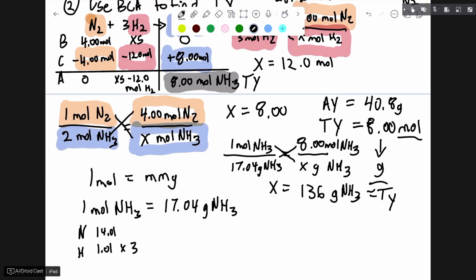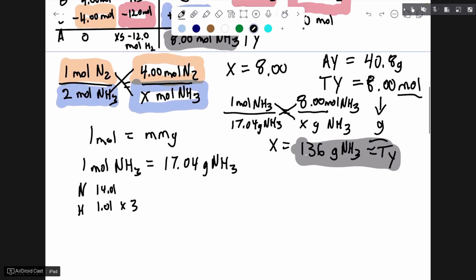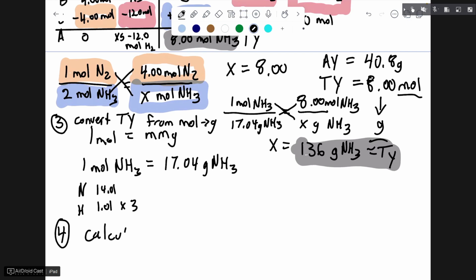So now we have our theoretical yield in grams. We have our actual yield in grams from the question. We are ready for our final step. Sorry, I guess I should add in here. Step 3, we had to convert the theoretical yield from moles to grams. So finally, step 4, we are going to calculate the percent yield.